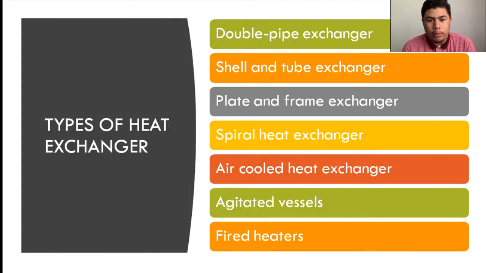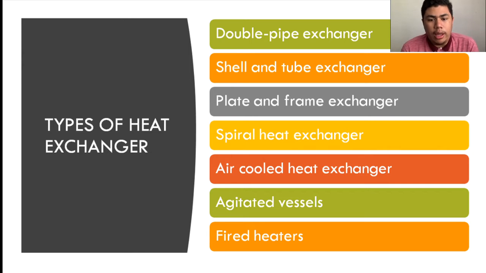Assalamualaikum. Today I will talk about types of heat exchanger. There are 7 heat exchangers in total. First is the double pipe exchanger. Second is the shell and tube exchanger. Third is the plate and frame exchanger. Next is the spiral heat exchanger. After that is the air cooled heat exchanger.